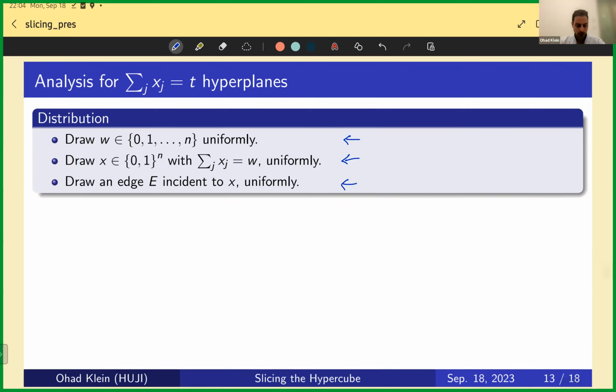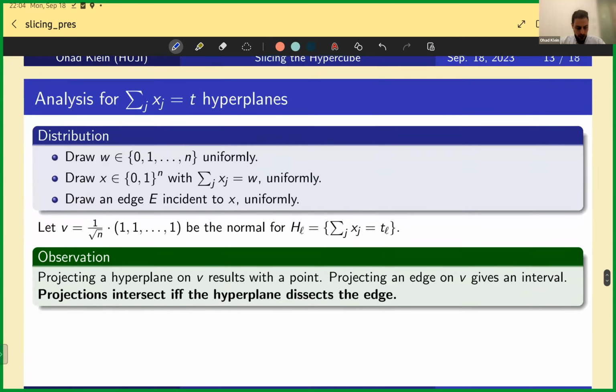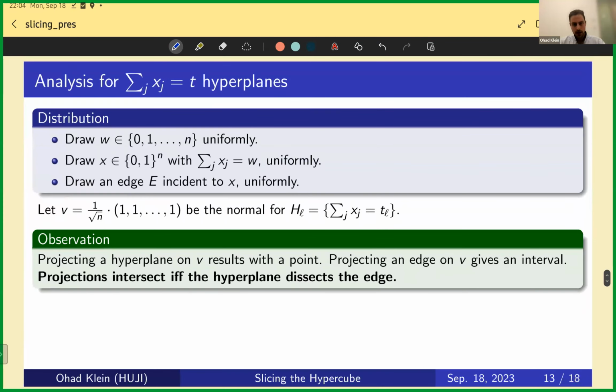This is the distribution. And now, as we said, the probability that this edge E dissects a specific hyperplane of the form sum of xj equals some Hamming weight is at most 1 over n.